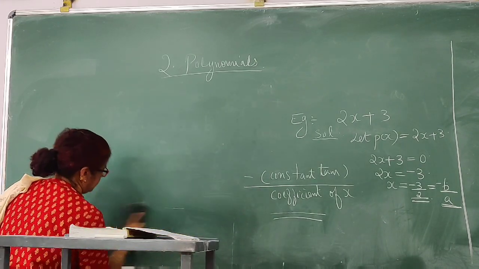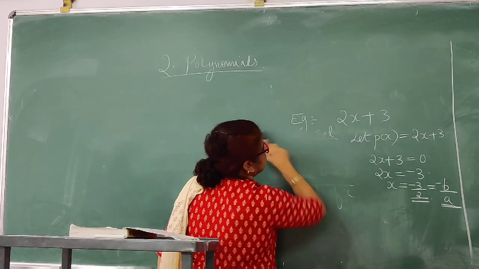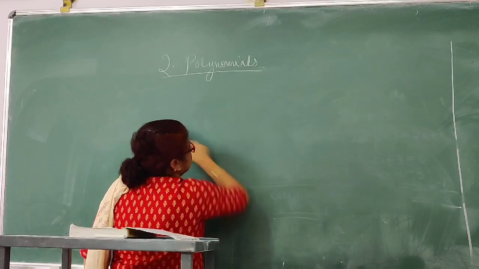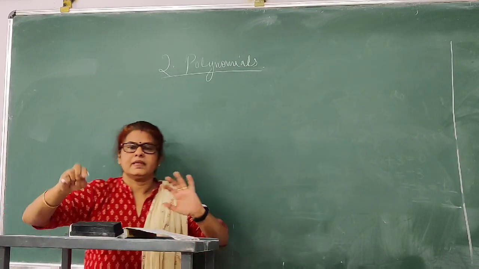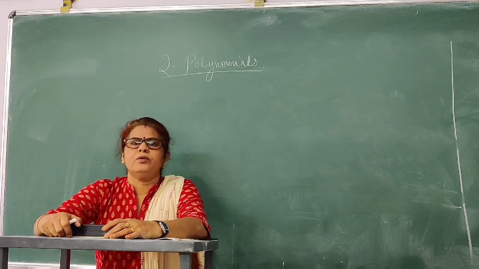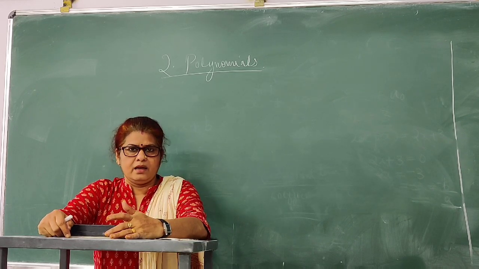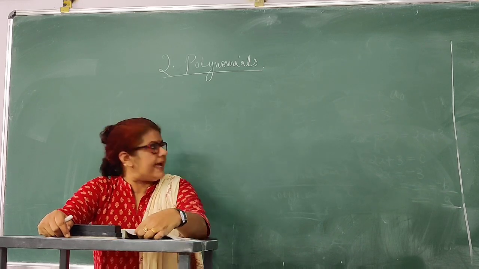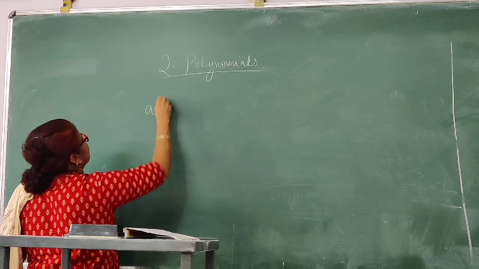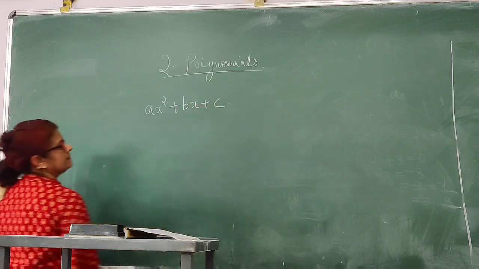we consider a quadratic polynomial. As you know, a quadratic polynomial is a polynomial with degree 2, and its general form is given by ax square plus bx plus c.